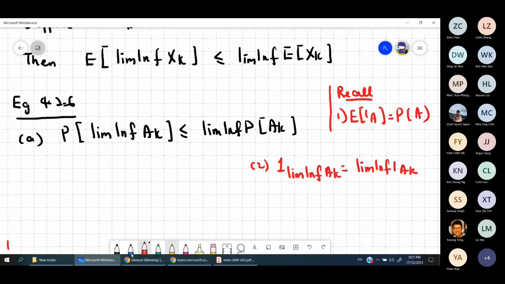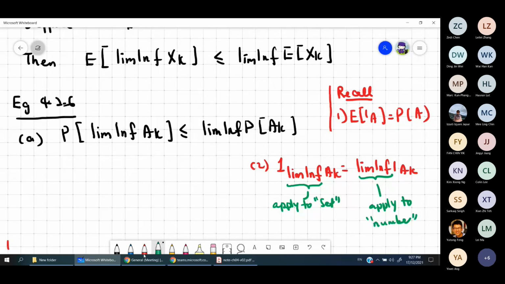This is applied to sets, whereas the limit inferior over here is applied to values, numbers.